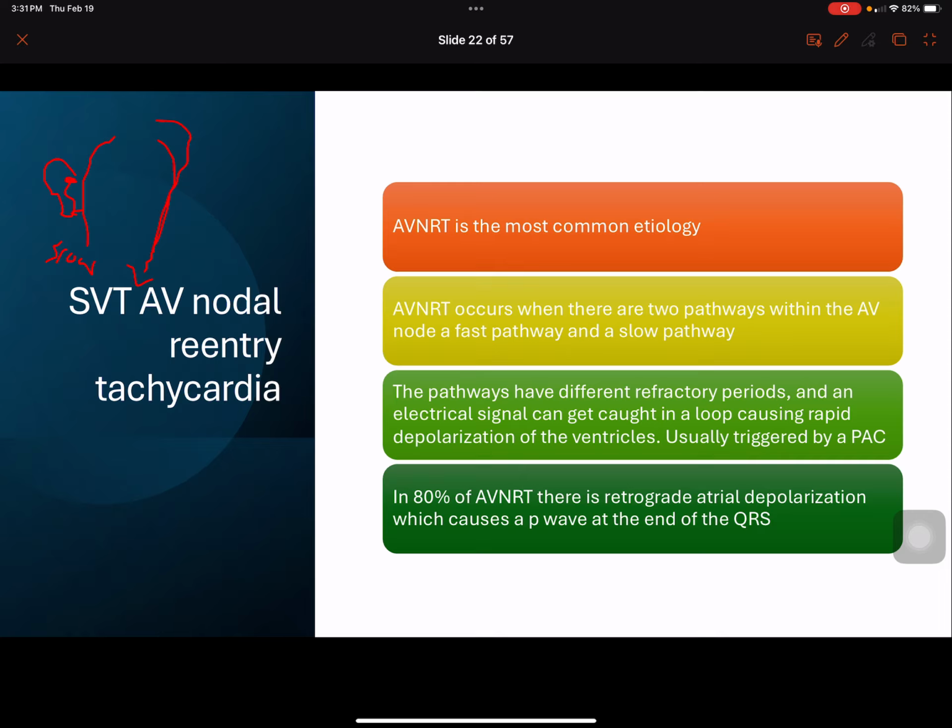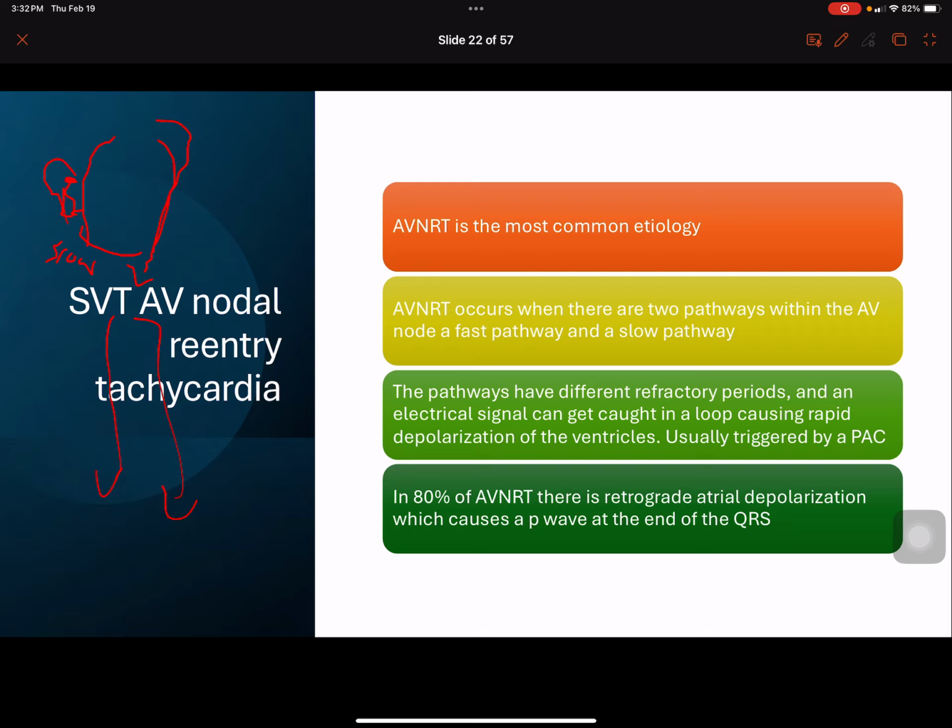So essentially this pathway depolarizes and repolarizes, and then this signal can jump and re-signal the fast pathway. We get this bouncing back signal depending on where these different pathways are in their refractory and relative refractory periods, and it allows the signal to get stuck in a loop that causes very rapid propagation down the bundles and into the ventricles.